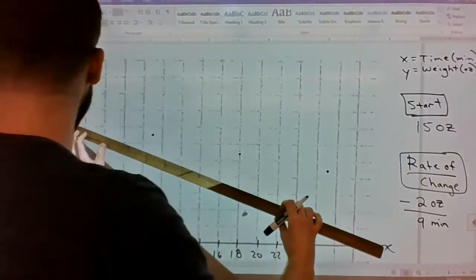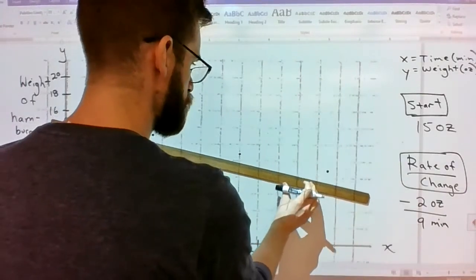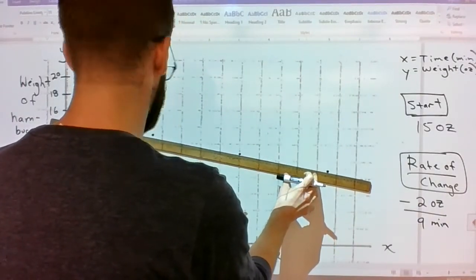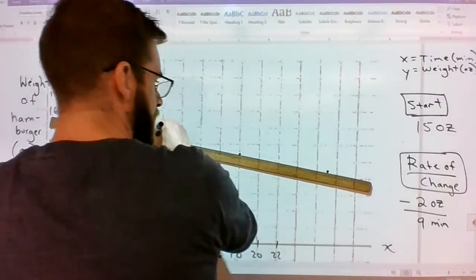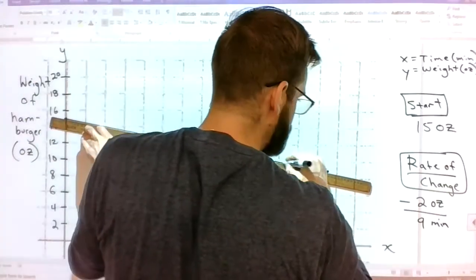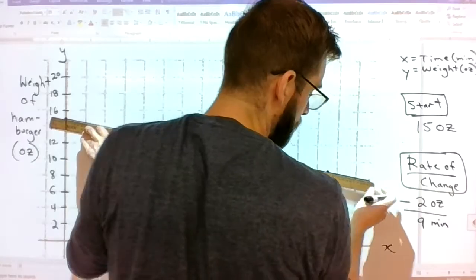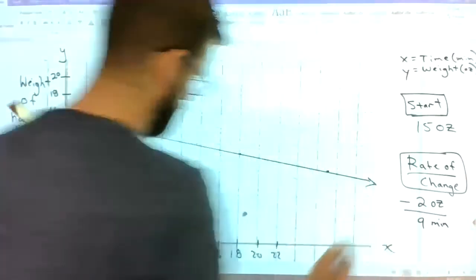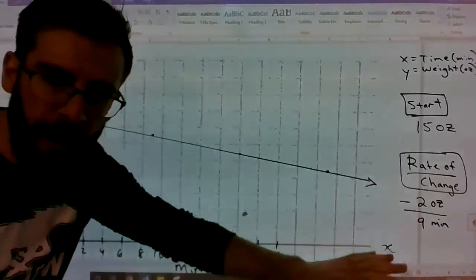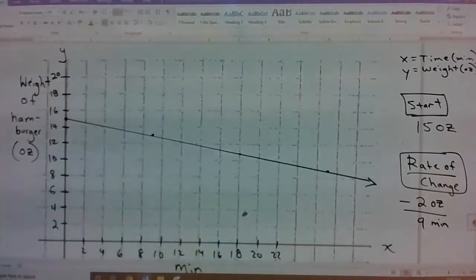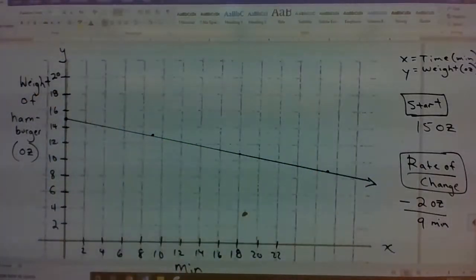Okay. And it's going to be a line, and this line should continue beyond where my ruler stops. But yeah, this is a visual representation of the weight of the burger.